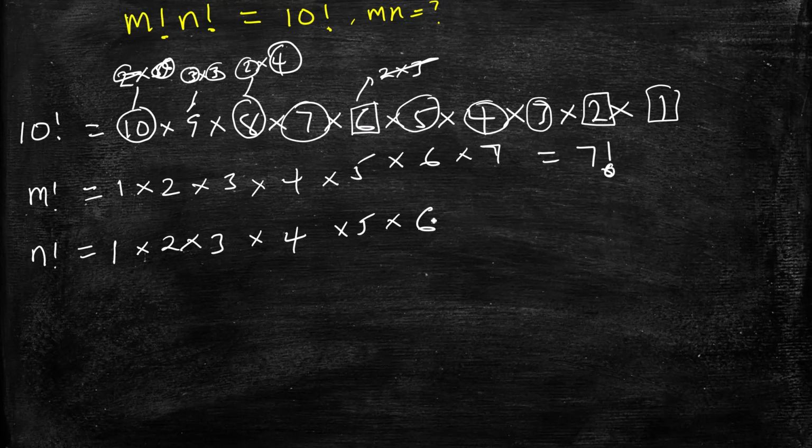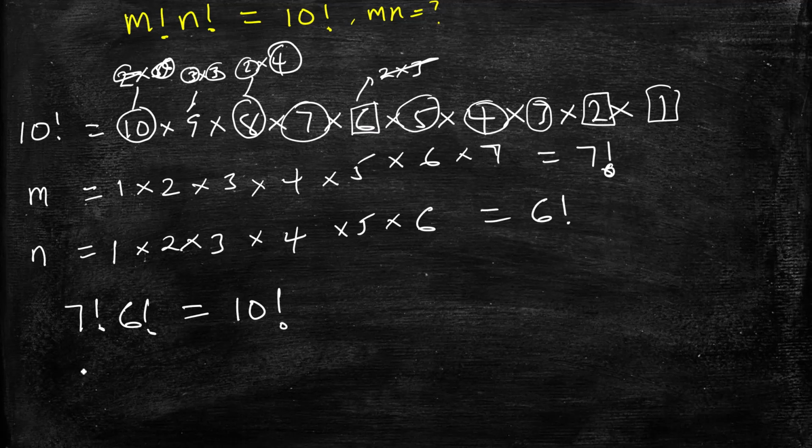Then 1 times 2 times 3 times 4 times 5 times 6, this one is also 6 factorial. So in what we are given, we have 7 factorial times 6 factorial equals 10 factorial.